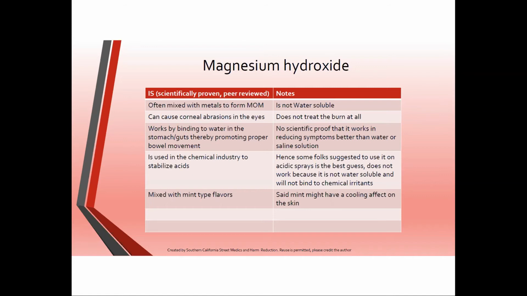So what I would do, and this is what we use here locally in Southern California with at least half the medics that I roll out with on the street on a regular basis, is we get baby wipes in one of those resealable containers. We fill it up about halfway with water, and then we pour in about 3 to 4 ounces of baby shampoo, and we shake it around a bit, and we let it sit overnight.